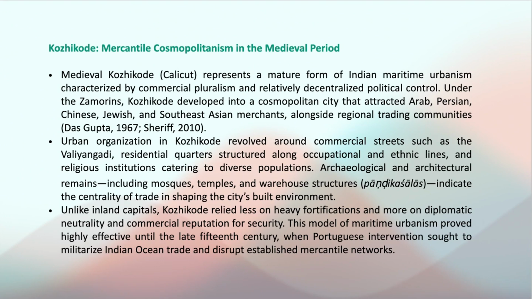Archaeological and architectural remains include mosques, temples, and warehouse structures, which indicate the centrality of trade in shaping the city's built environment. Unlike other Indian capitals, Kozhikode relied less on heavy fortifications and more on diplomatic neutrality and commercial reputation for security.